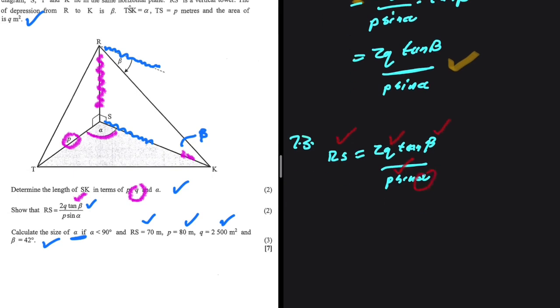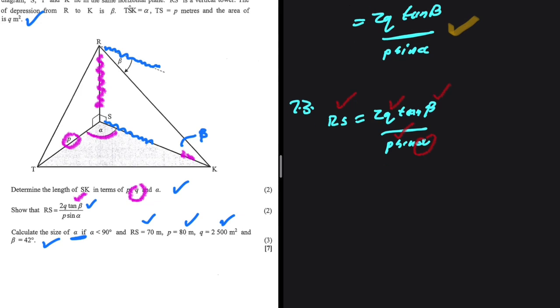If we use this equation, we are only going to have one unknown variable, which is what we're interested in. If we cross multiply and divide, making sin alpha the subject of the formula, we have sine of alpha equal to 2Q tan of beta divided by P multiplied by RS.